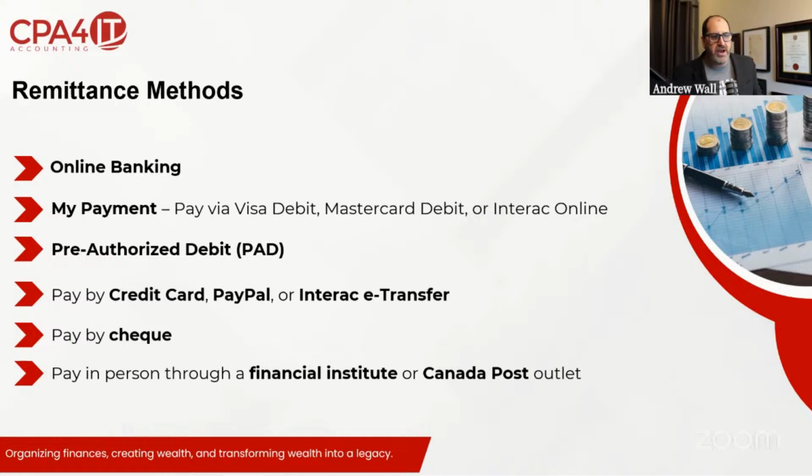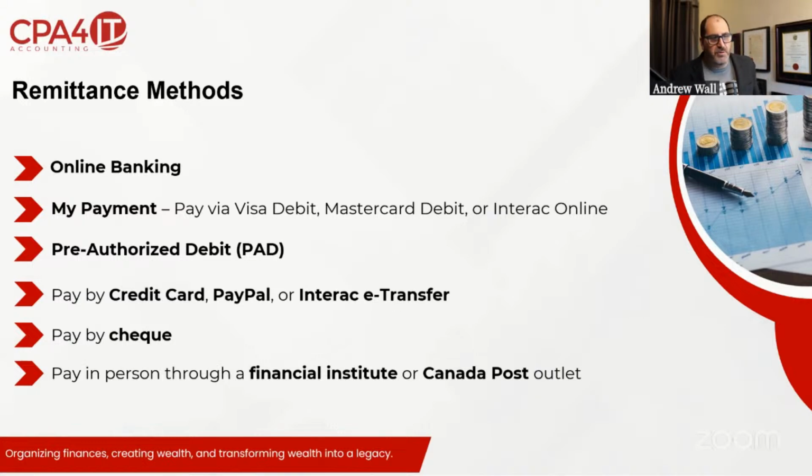And then you'll go in there and you'll look for federal taxes, payroll, and you're usually looking for something that says PD7A. And that's going to ask you for a couple of pieces of information. It's going to want to know your gross payroll, your number of employees, and the payroll remittance amount you're making, as well as the month in which the payroll was paid. So that would be typically December 31st. And in fact, they don't even ask the date, they just ask the month and the year.